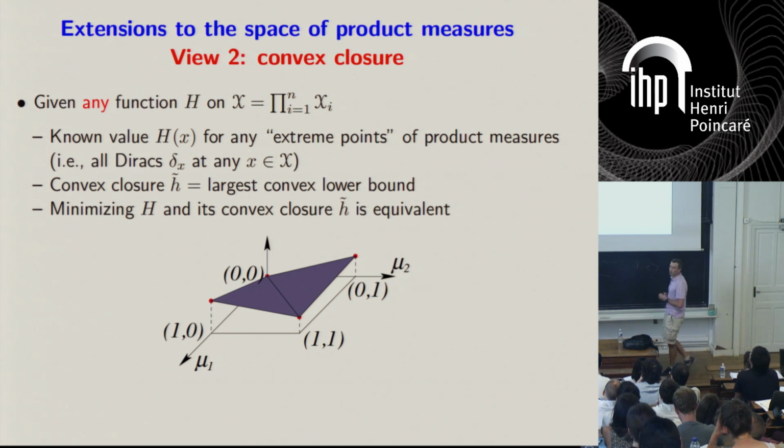And a nice property is that minimizing a function and its convex closure is totally equivalent. Okay, so this shows in a sense that all problems are convex. Any optimization problem on the vector space is always convex. Why? Because I can simply define the convex closure, which is convex, and hence, if I can minimize this convex closure, I have a convex formulation for my problem.